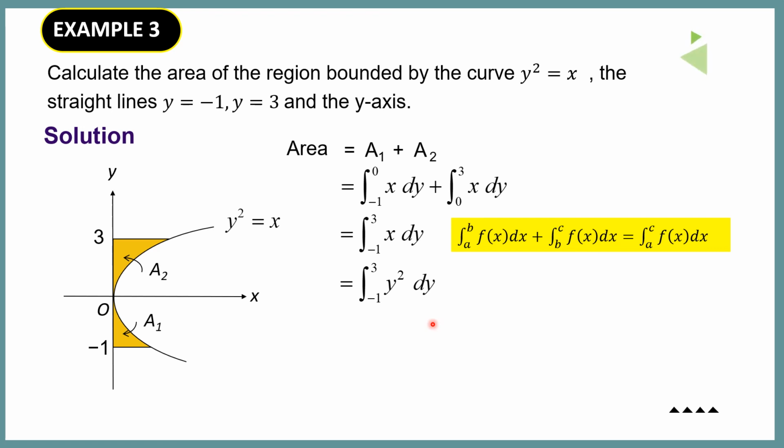So integrating y squared, we have y cubed over 3. Substituting the upper limit, 3 to the power of 3, which is 27, divided by 3, we have 9, minus, substituting the lower limit, negative 1, we have negative 1 over 3. Thus, the sum of the area is 9 1/3 units squared.